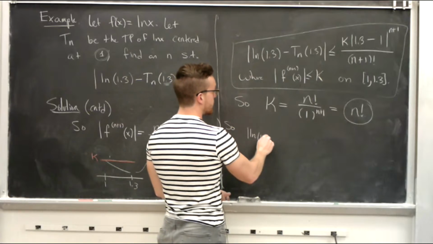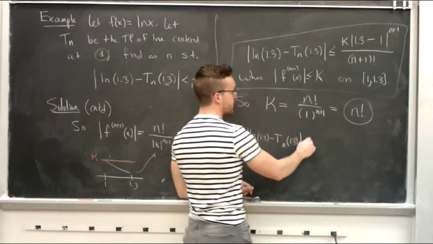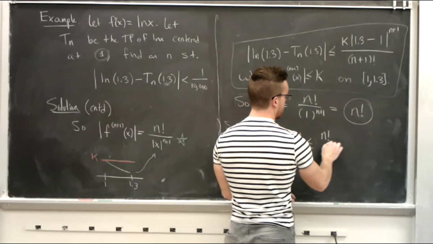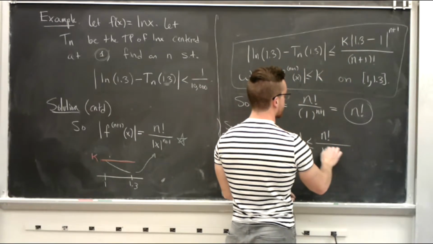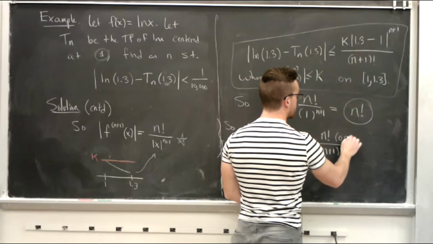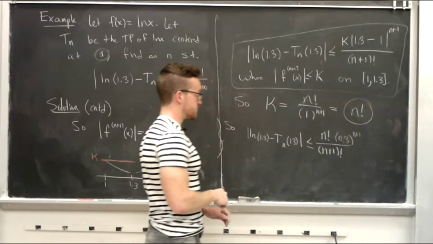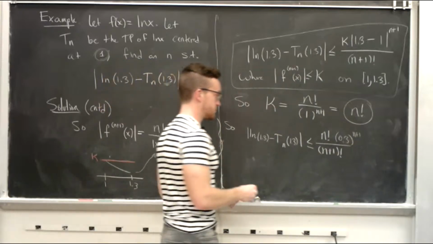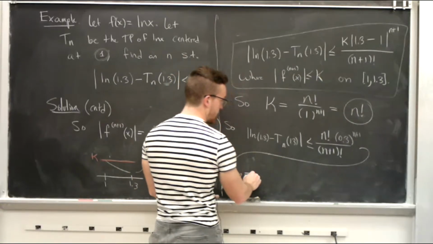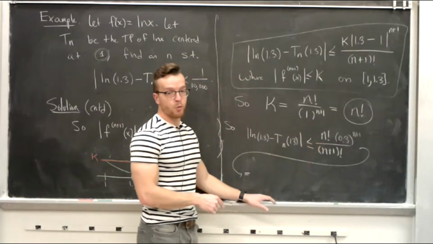The absolute value of log of 1.3 minus Tn of 1.3 is going to be less than n factorial over n plus 1 factorial times 0.3 to the n plus 1. Now the n factorial over n plus 1 factorial, I can simplify that to 1 over n plus 1.